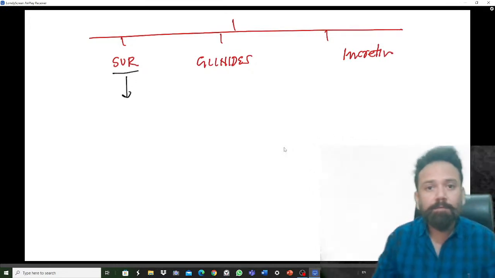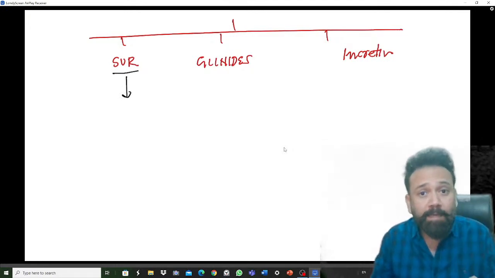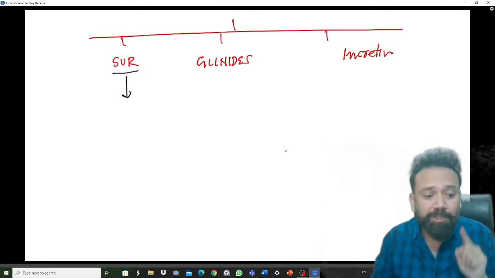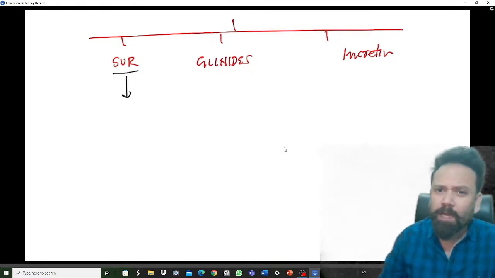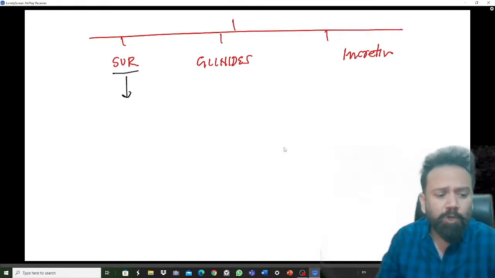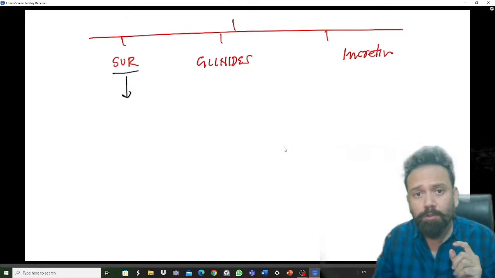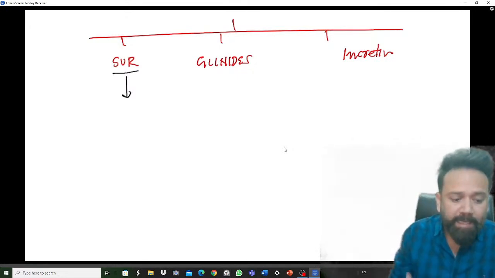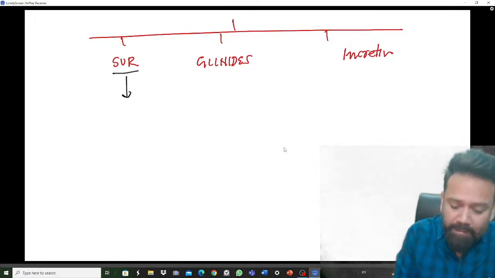Now doctors, tell me, the sulfonylurea drug acts on the ATP dependent potassium channel, so it releases insulin even when you are not taking food. Normally when we take food and insulin is released, that is good. But even when you are not taking food, they are releasing insulin, so of course the main side effect will be hypoglycemia.